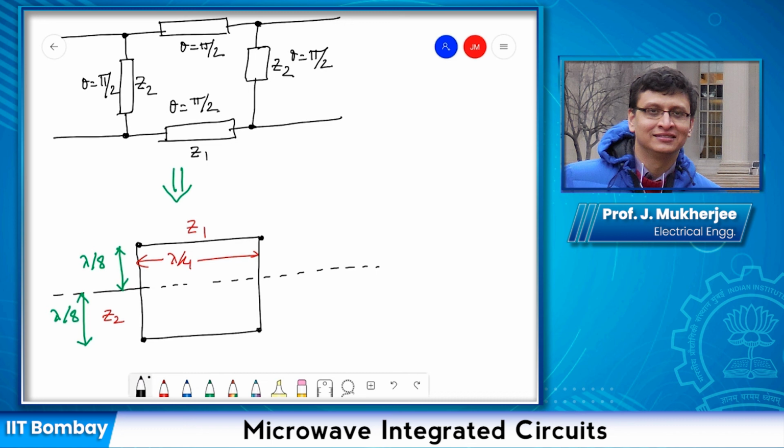Then this is port 3. This is port 4. Port 2. This is port 1. We make them a little thicker so that you can understand that these are actually transmission line segments.